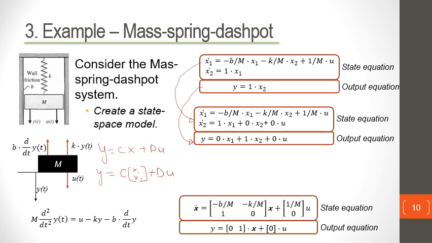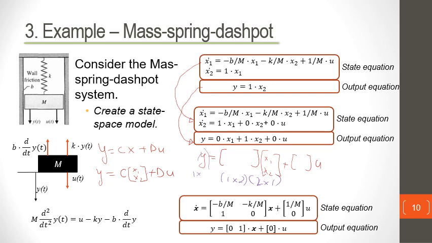There's only one input, so it therefore means that y is equal to a vector c multiplying x1 x2 plus a single digit d multiplying u, because of the sizes of the matrices. Remember, if we have a 2 by 1, it will need to be multiplied by a 1 by 2, so that the output is 1 by 1.